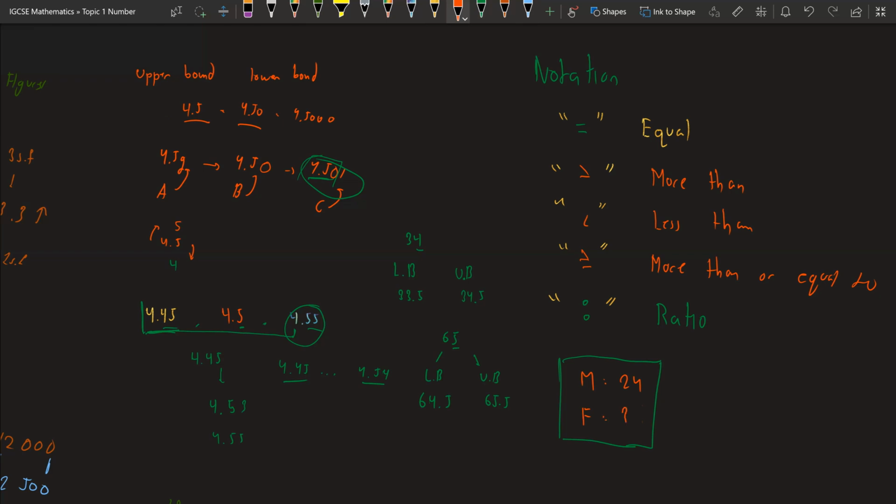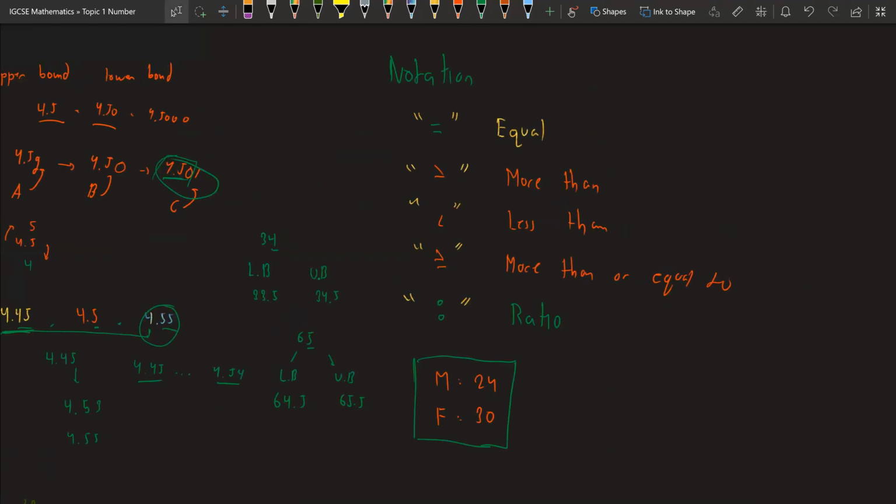There are more females here. So I can write the ratio of male to female.